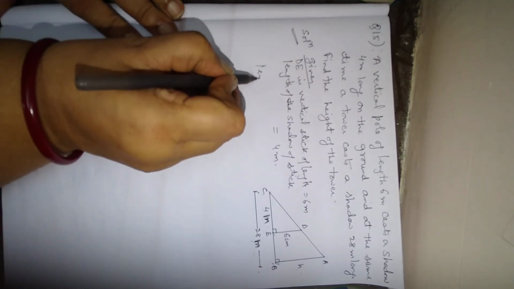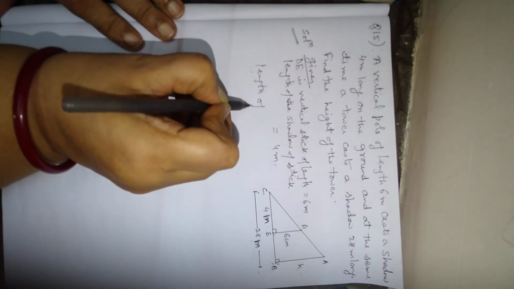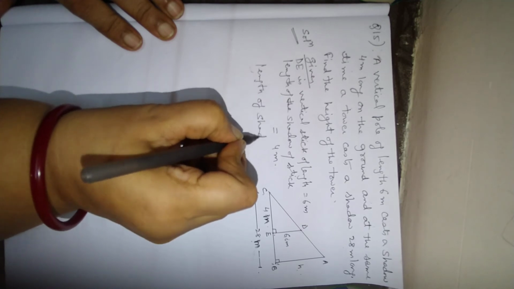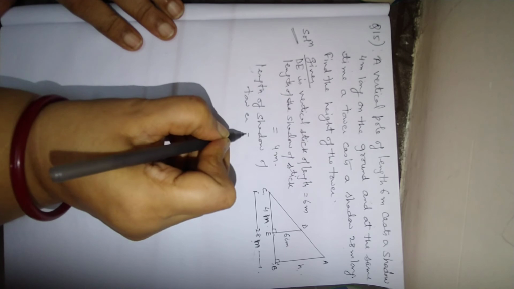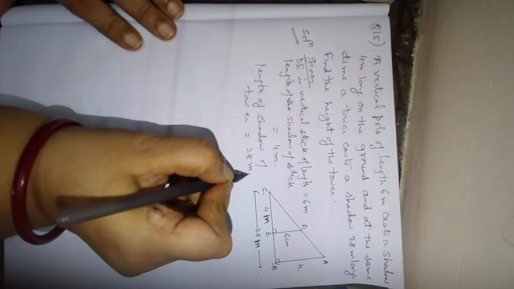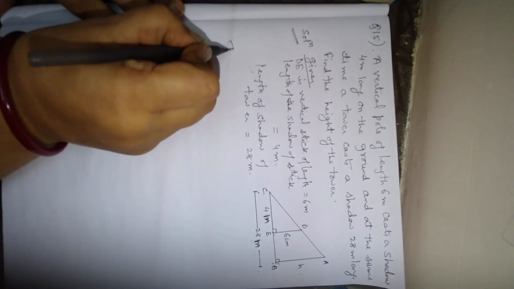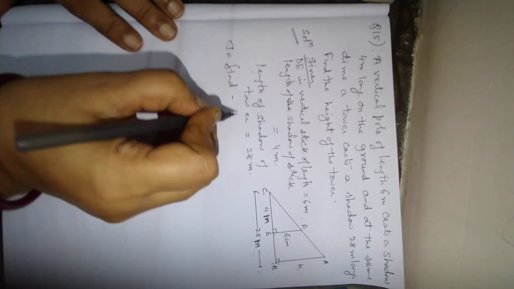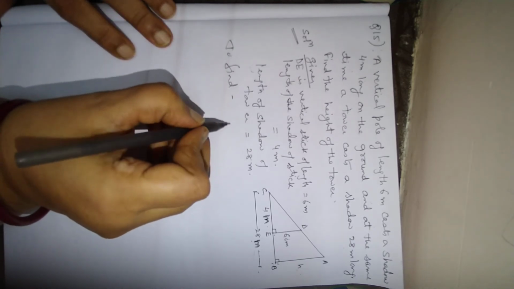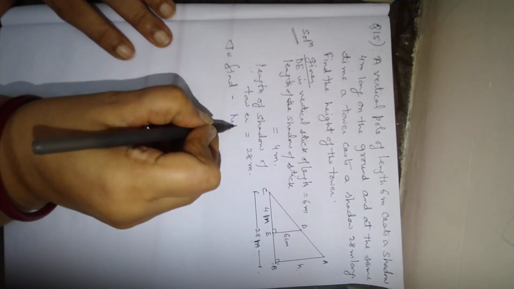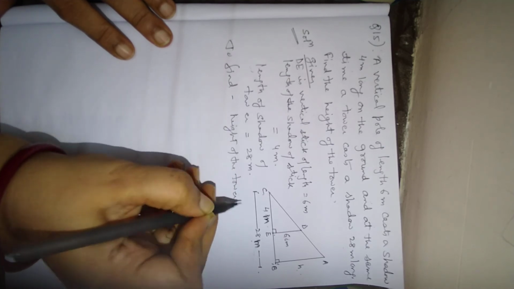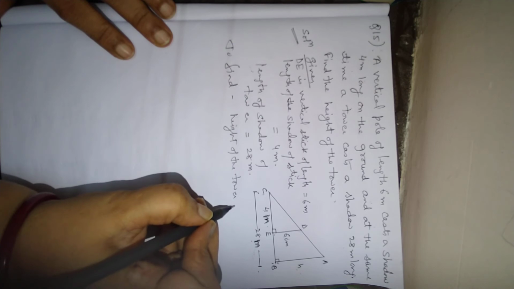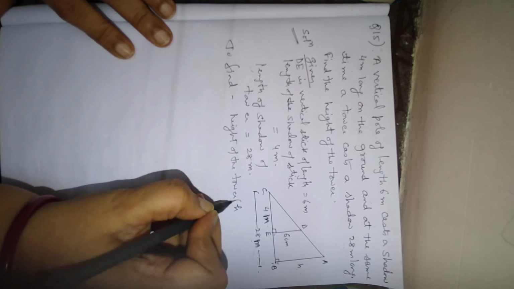And the length of the shadow of the tower is 28 meter, given. To find is the height of the tower. Let it be h, that is what we have to find.